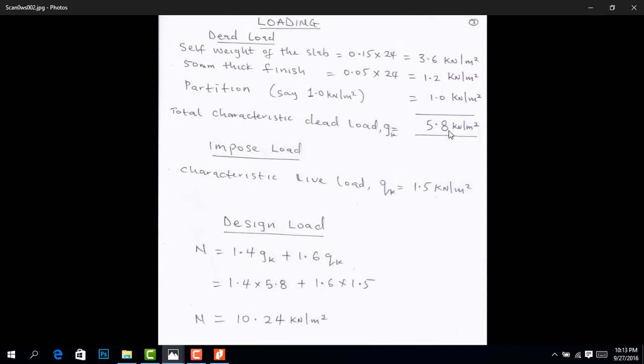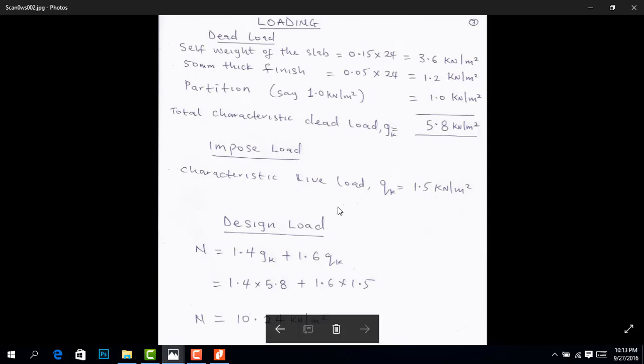For our live load, the characteristic live load, they have different codes for general use. For domestic use we say 1.5 kilonewton per meter square. So our design load, factored load, will now give us 1.4 Gk plus 1.6 Qk.